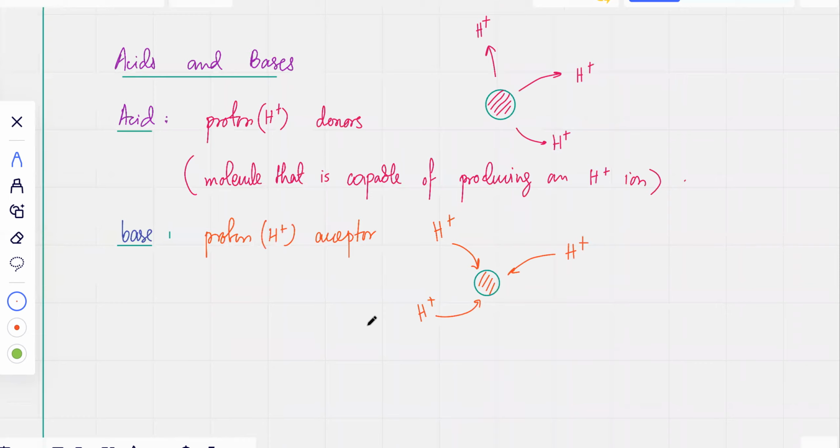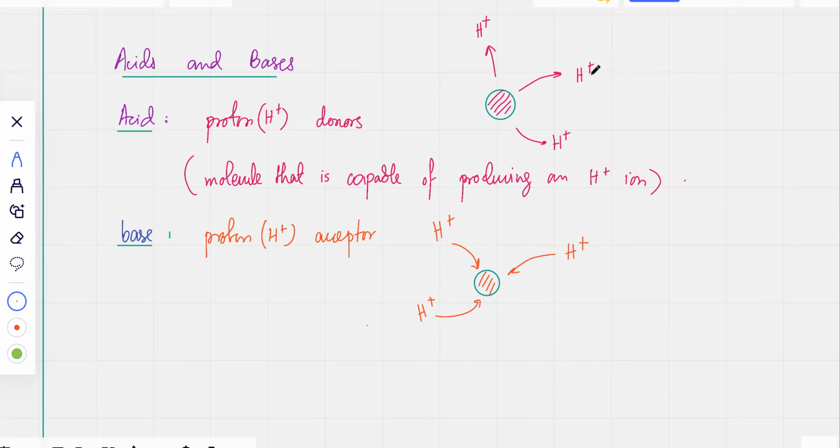Now the question is, acids and bases are one of the most important things in chemistry. So the whole point is, why is H+1 so important? Why do we care if somebody is gaining H+1 ions or somebody is losing H+1 ions?